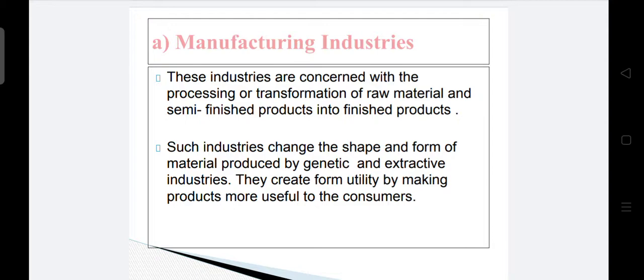They are given finishing and they are ready. Such industries change the shape and form of material produced by genetic and extractive industry. They create form utility by making products more useful to the customer.